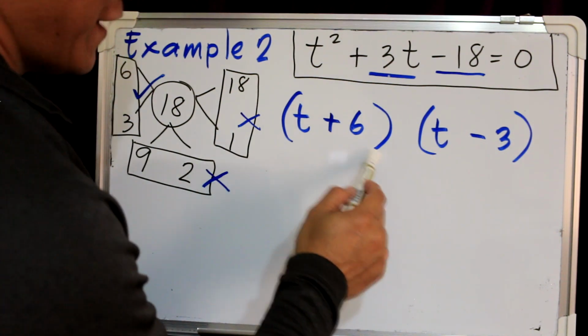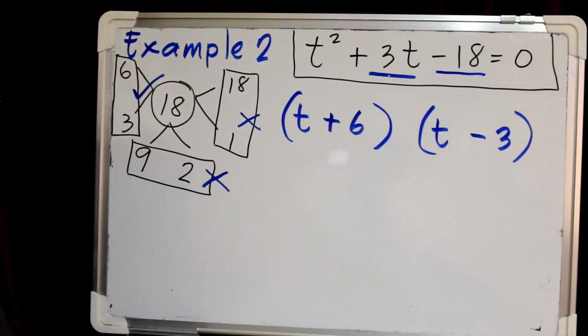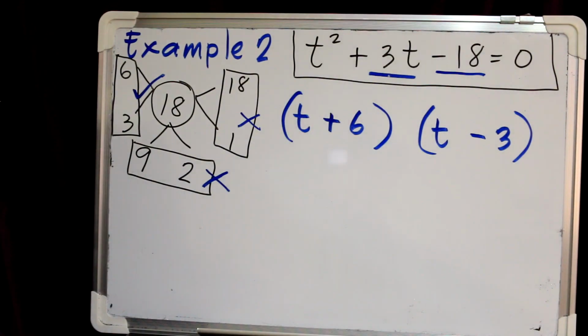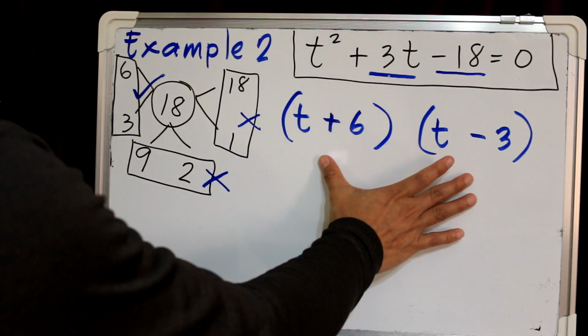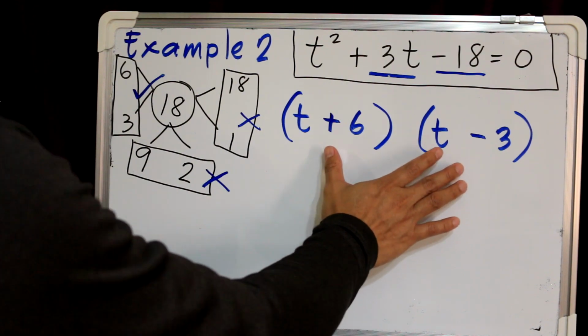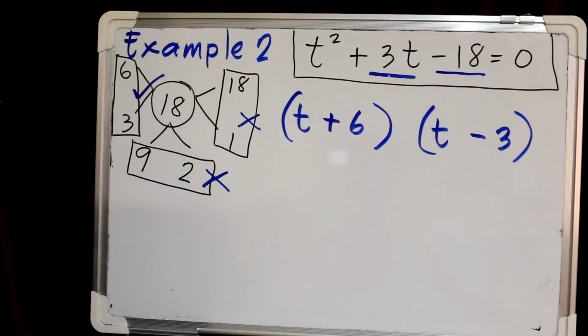And then you have 6 times 3 and negative, that becomes minus 18. Alright, so you're correct here. So this is our factor of the t squared plus 3t minus 18.